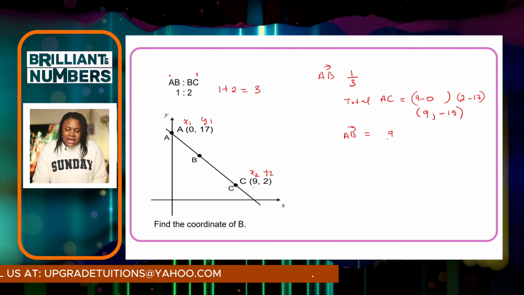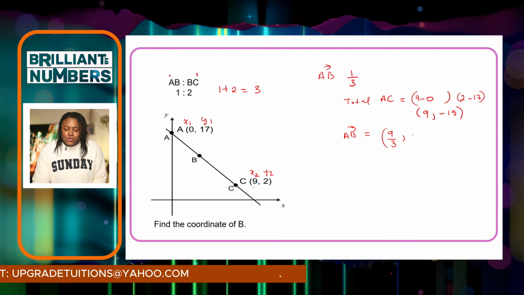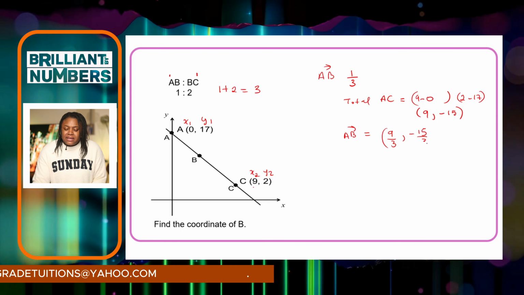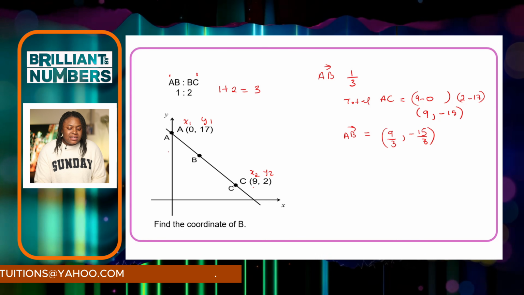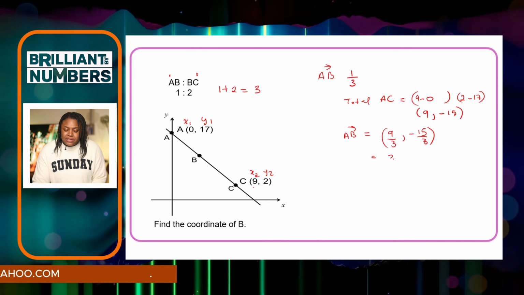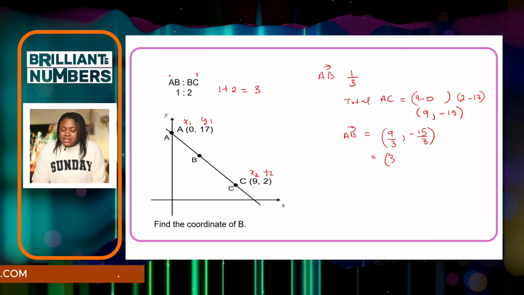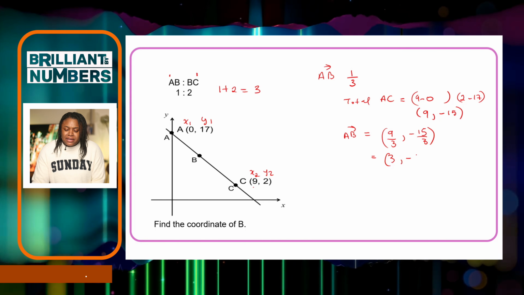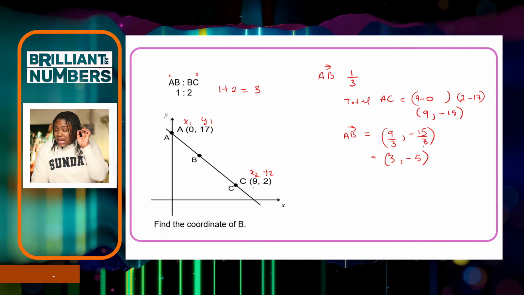So we need to do 9 divided by 3 and also minus 15 divided by 3 to find out what is the distance from A to B. So 9 divided by 3 is 3. And minus 15 divided by 3 is minus 5. Now, this is not your answer.